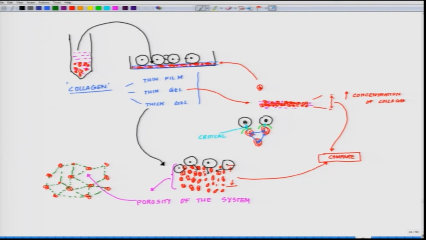Now you look at it. Now you are having those cells which you are placing here. Some of them will be getting inside like this, like this, like this.